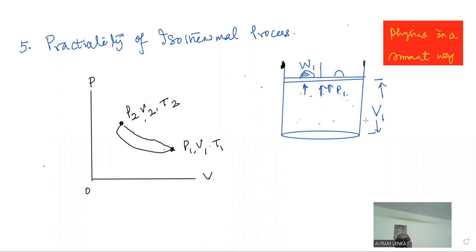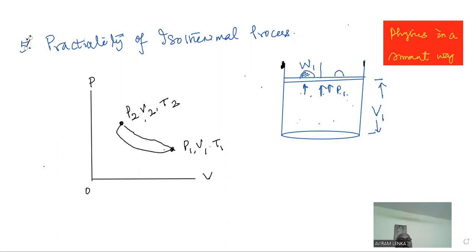In our last video, we were in step 5 of the isothermal, or constant temperature, process. I think that is step 5 or step 6.